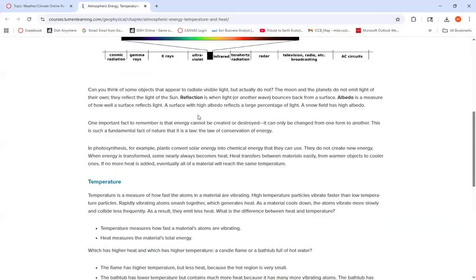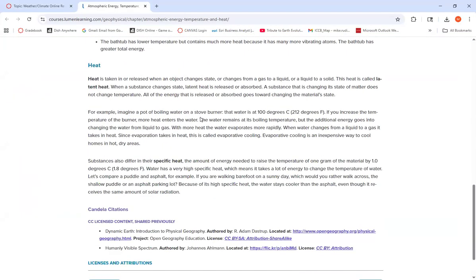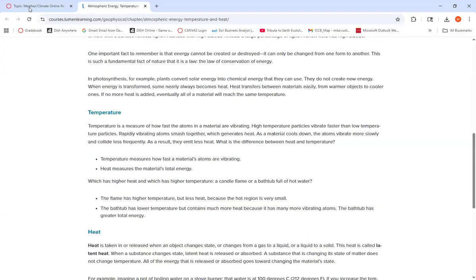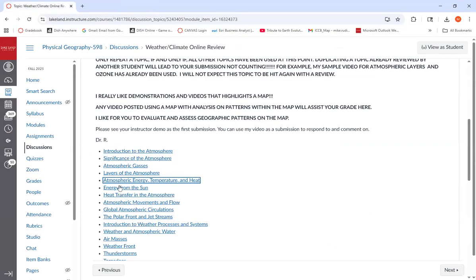It's related to this topic, but when we look at energy receipts at the Earth, I try to measure how much energy we are actually getting from the sun around the globe, and how that varies. So the topic I'm really trying to hit upon is one of these 2. I'm going to call it energy from the sun, but it could be this one as well.